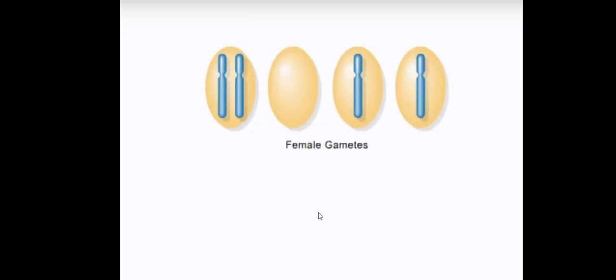When the cell that contains 2 copies of the chromosome fuses with a normal gamete, which contains 1 copy of the 21st chromosome, what will be produced? Trisomy 21, or Down syndrome.